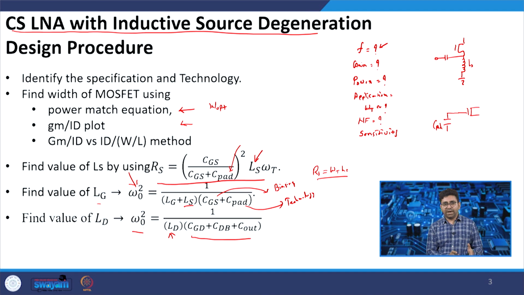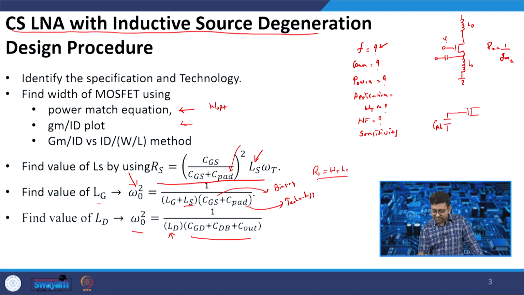First, we need to identify the width, and one more thing, our input impedance is equal to 1/Gm. So, this Gm should be around 20 millisiemens, so that you will get an input impedance of 50 ohm. Instead of RD, we can also use an LD.